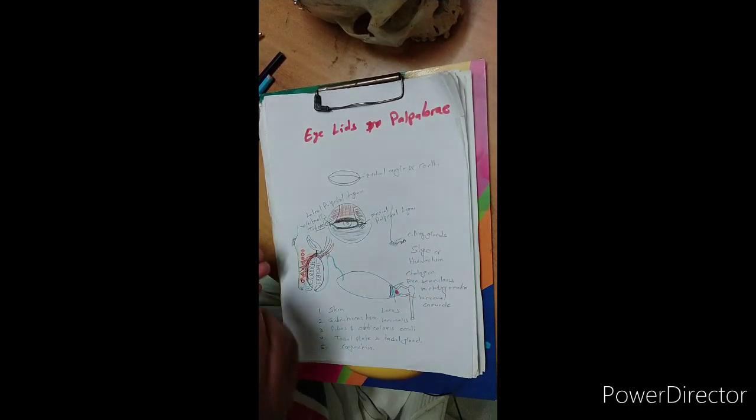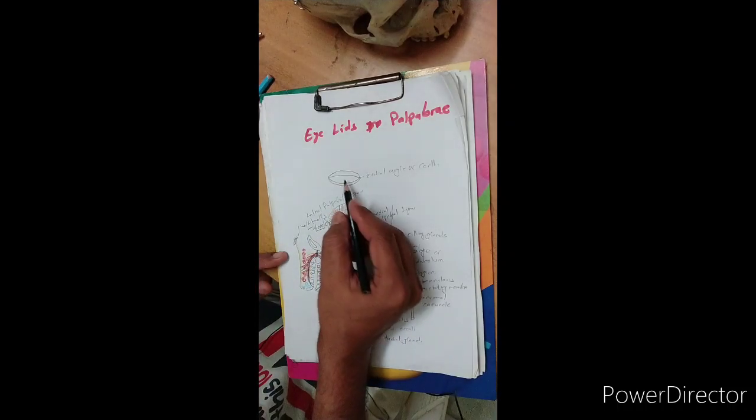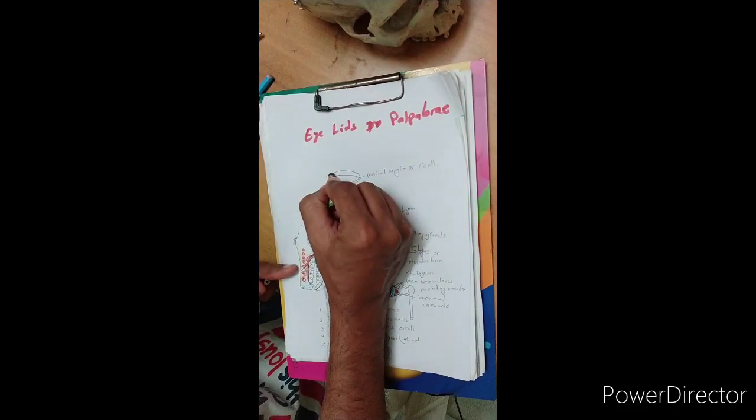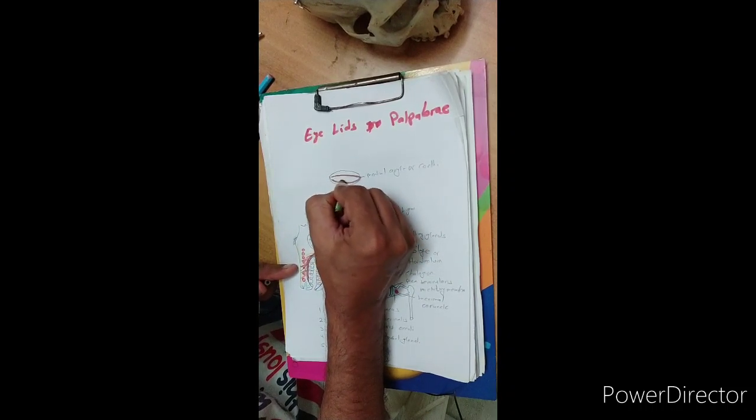Second, the margin of both eyelids here, suppose I am drawing here, has muscle which is under control of sympathetic fibers.